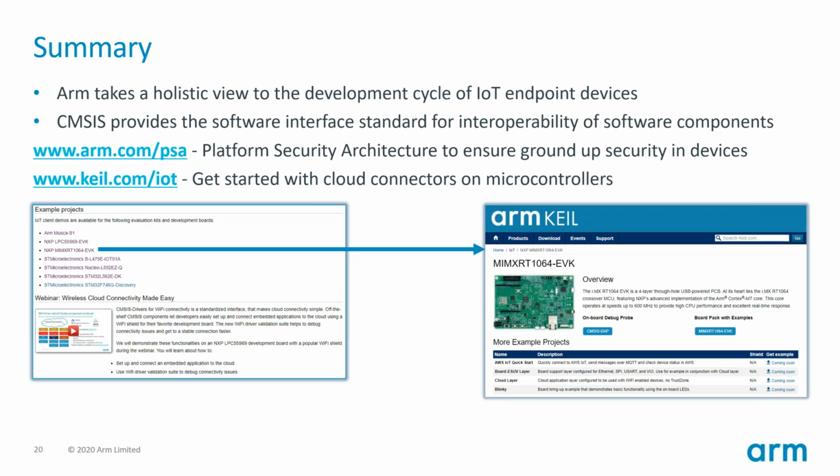Our TrustZone tool enables users to assign microcontroller resources, memory, peripherals, and so on, to the specific secure or non-secure project. And we have a software architecture, or more a platform architecture, with hardware and software aspects covered.